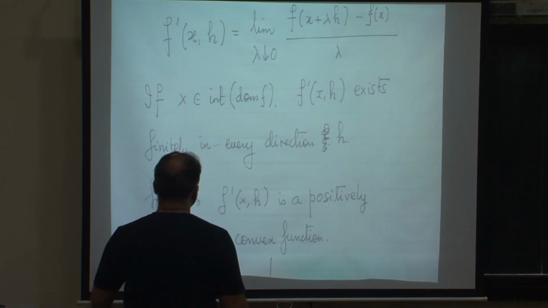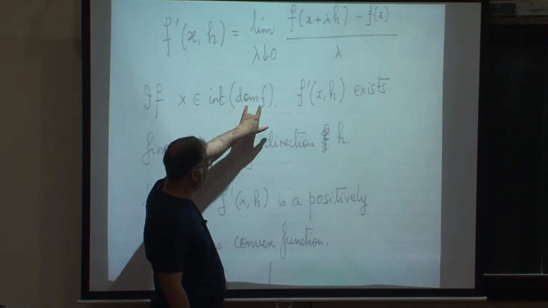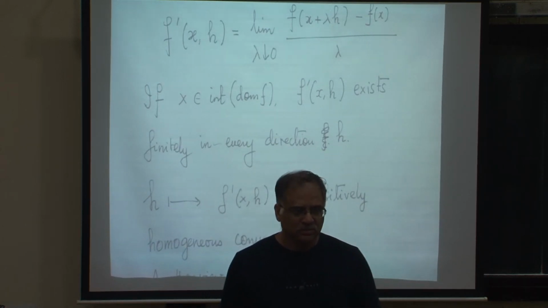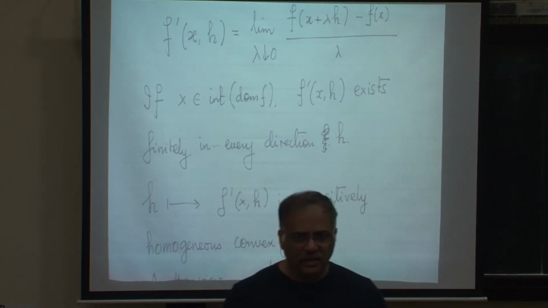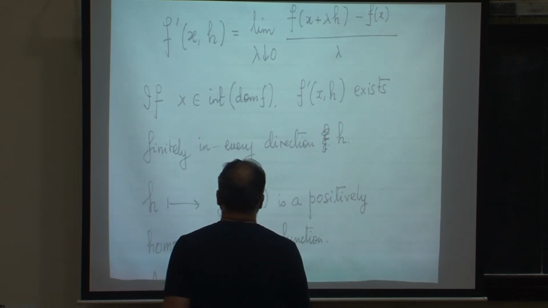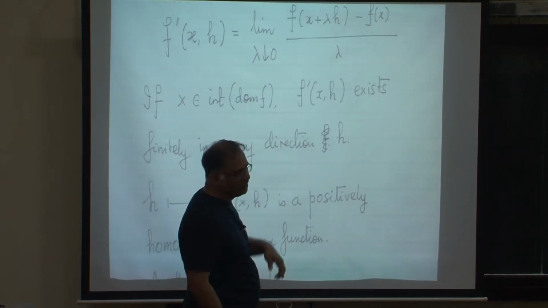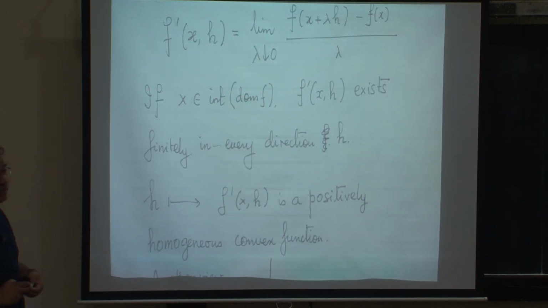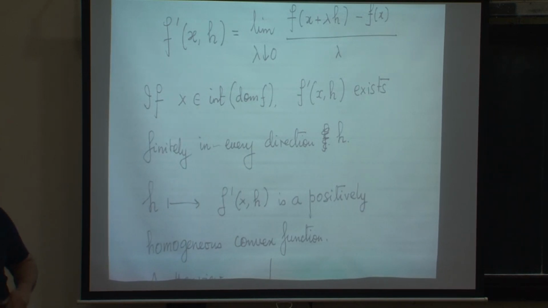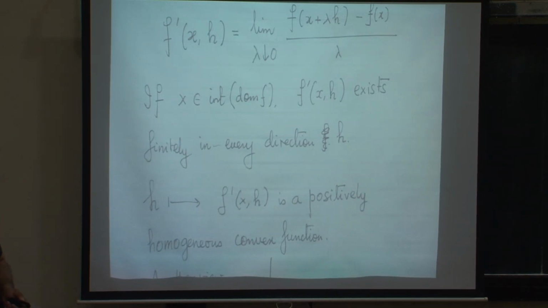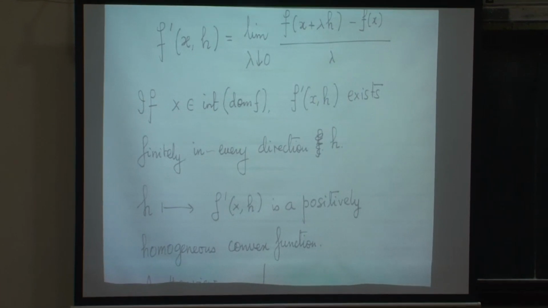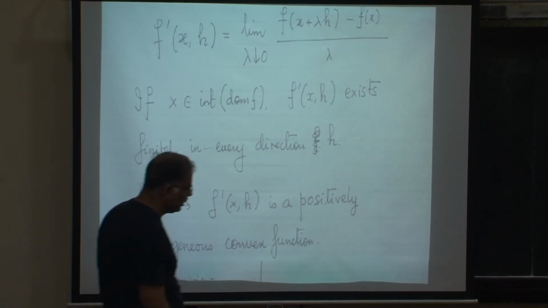The domain of the convex function must have an interior, where the affine hull has to be exactly Rn, and for any x element of the interior, the directional derivative exists finitely. So if you take a function from Rn to R, then at every point of Rn the directional derivative exists finitely, even if you do not have the derivative.